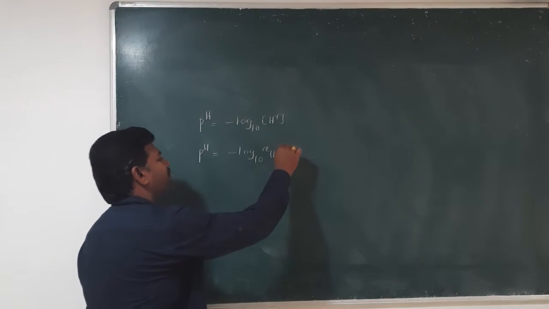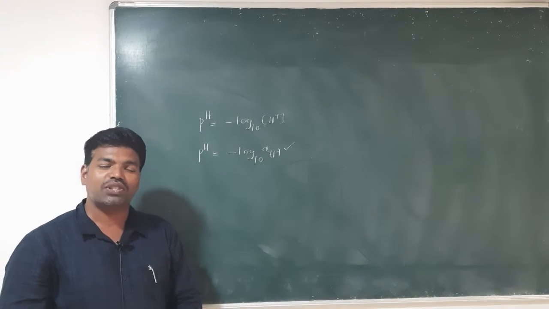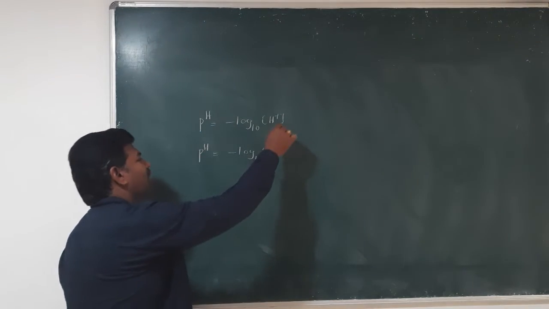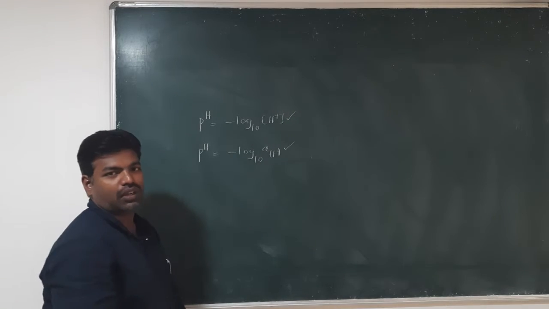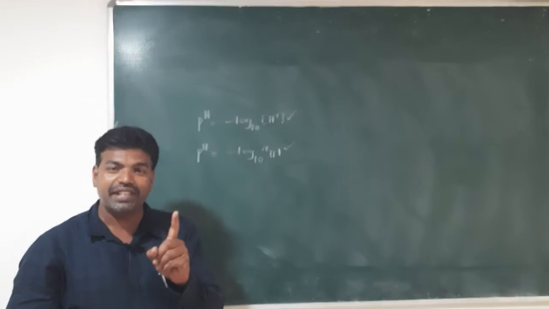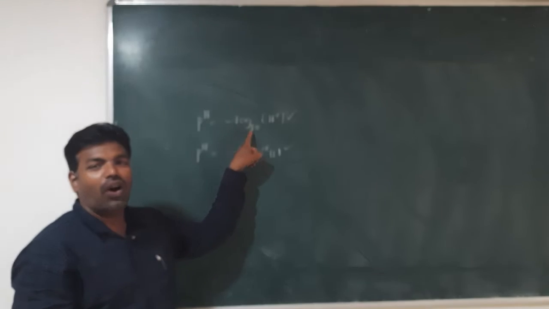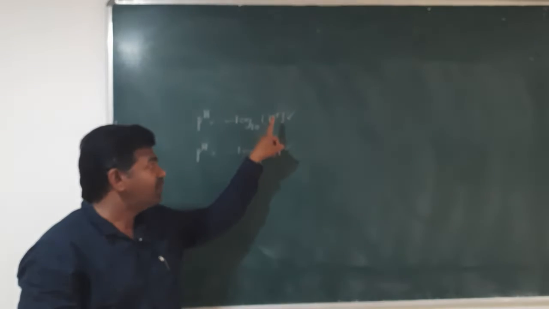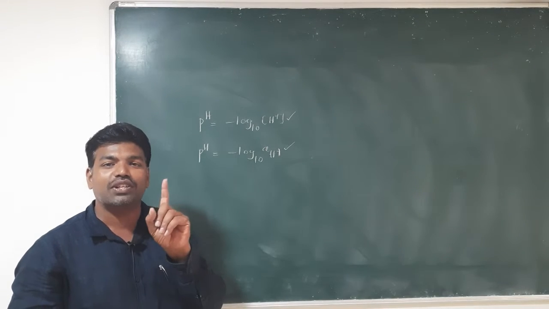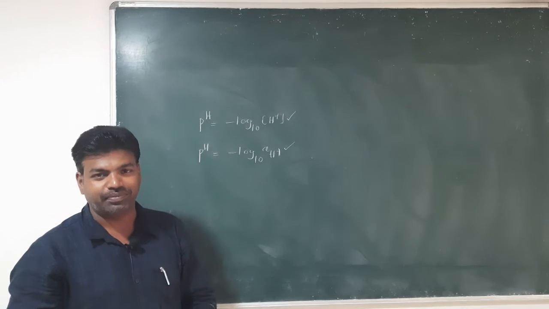So this is the formula to calculate the pH of low concentrated solutions, that is, less than 0.1 normal. I repeat, pH is equal to negative logarithm to the base 10 of the concentration of H plus ions; this formula allows us to calculate the pH of low concentrated solutions, less than 0.1 normal concentration.